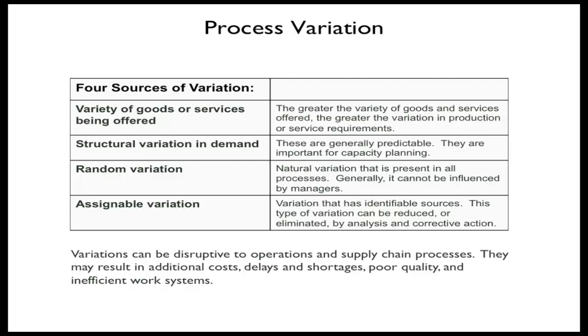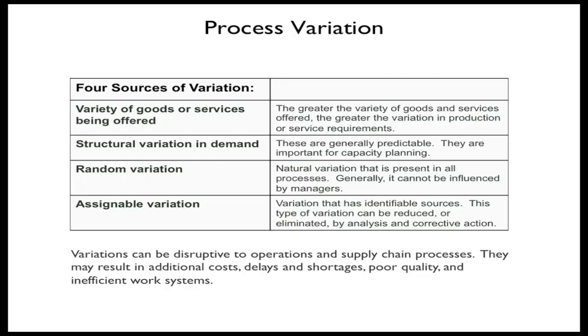And then the last one is assignable variation. This is variation that has identifiable sources, so this type of variation can be reduced or eliminated by analysis and corrective action. An example might be that whenever the cook is making a salad, he has to walk to the refrigerator, get the lettuce, and bring it out, so a salad takes a long time.